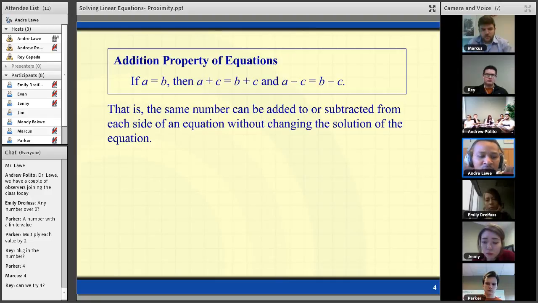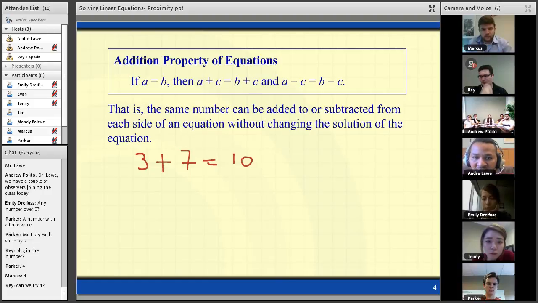So let's go back to a numeric expression that we just had. So let's say we had 3 plus 7 equals 10. Okay? If we added 2 to both sides of this equation, there's still going to be equivalence, right?